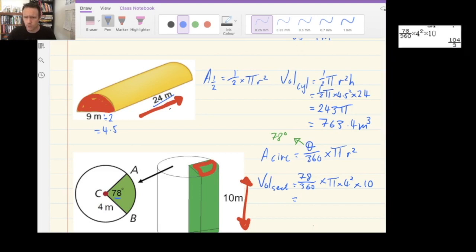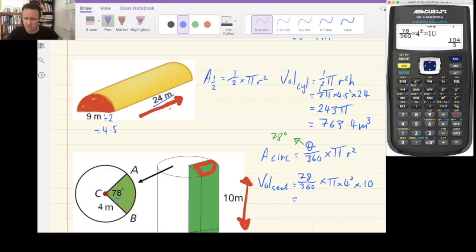So 104 over 3, this is going to end up not as pretty as I'd hoped. It doesn't come out as a neat, exact decimal, but if we had to, we could express it as it is, 104 over 3 times pi. We could change it into a mixed fraction, using this button that we just saw, 34 and 2/3 pi.